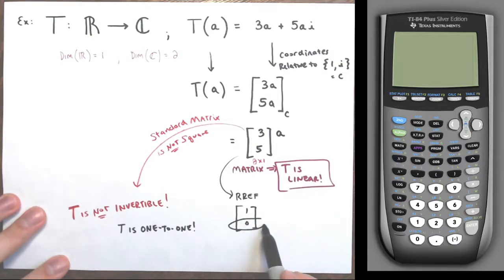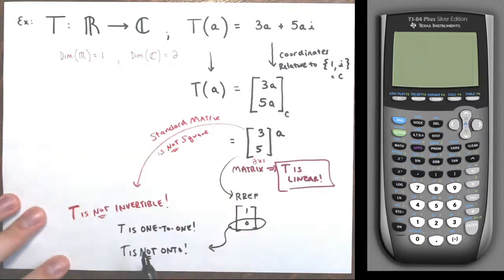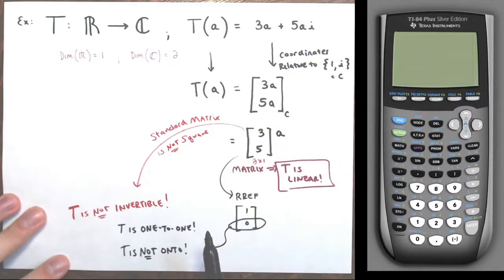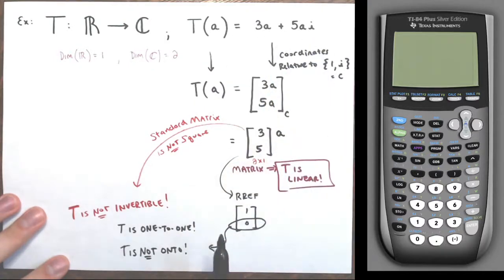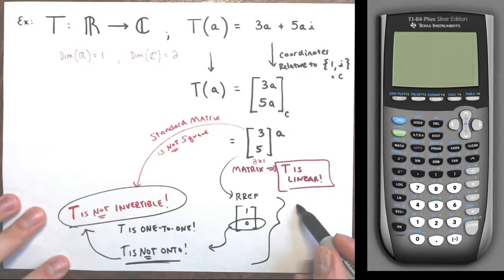But look, there's a row made up entirely of zeros. So T is not onto. That means that there are some complex numbers here that wouldn't be mapped to. For instance, 3 plus 6i wouldn't be mapped to. 3 plus 5i would if I just plug in 1 for a, but 3 plus 6i wouldn't be an output ever. So definitely not onto, therefore not invertible, therefore T is not an isomorphism. It's linear but not invertible.